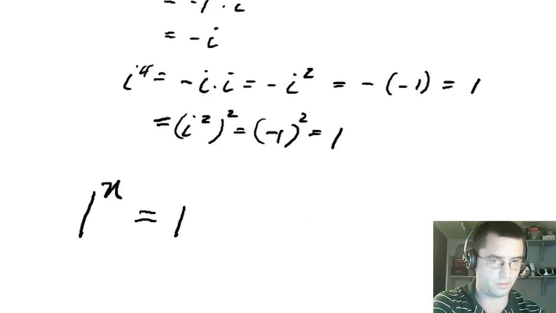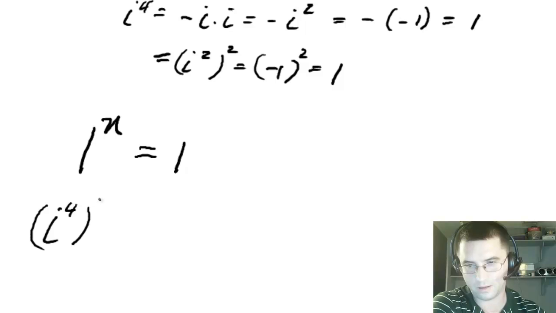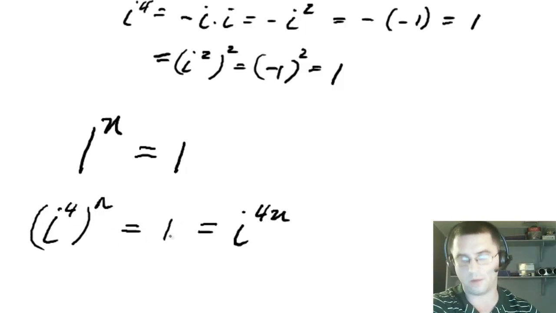Well, let's do a little substitution here. What is 1? 1 is I to the fourth. So I to the fourth to the n is 1. So I to the 4n, right? When we have a power to a power, we can multiply the powers. So I to the 4n is 1.